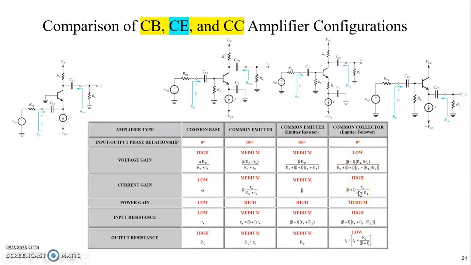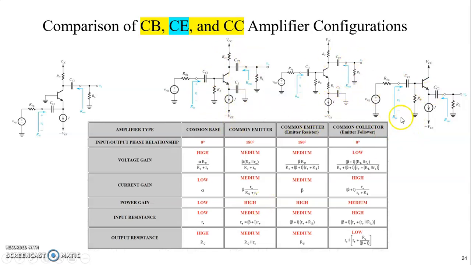So what is the conclusion? The conclusion is, for example, if you are required by a user to design an amplifier for a mic to drive a speaker, it does not mean you have to design only one amplifier stage of this kind or this kind.